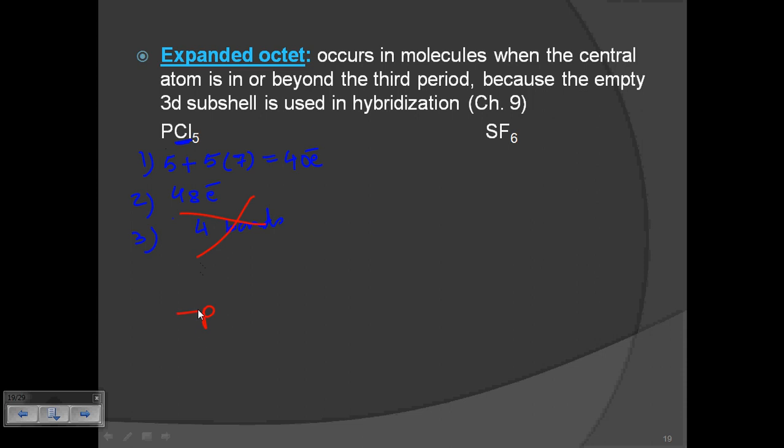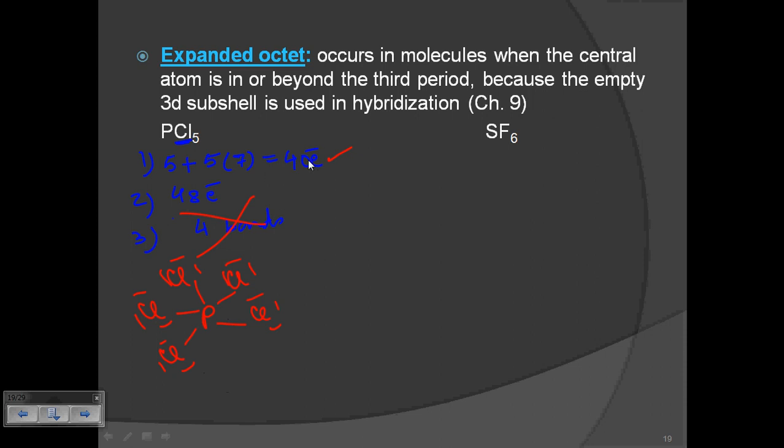You put phosphorus in the middle and attach each of the chlorines by a single bond to the central atom. Complete each atom's octet, except for the central atom, which will have more than an octet, and then you'll count to make sure that you have 40 electrons, and here there are 40 and your structure is complete.